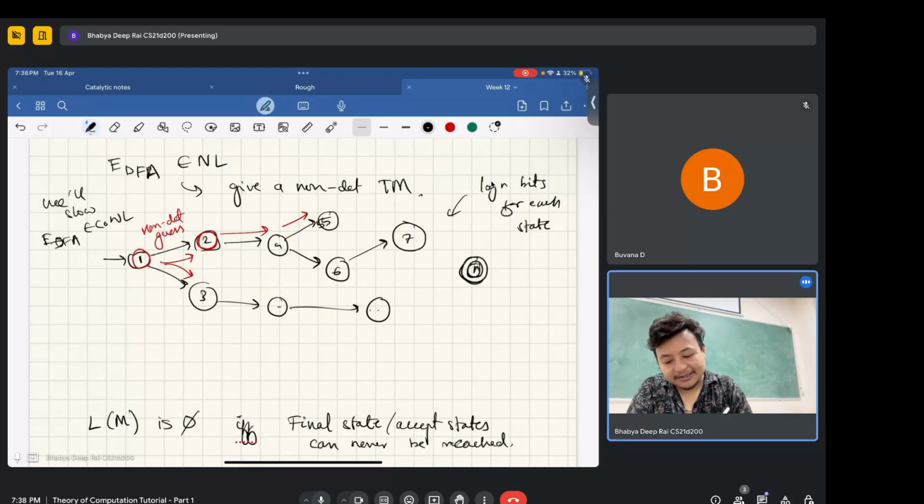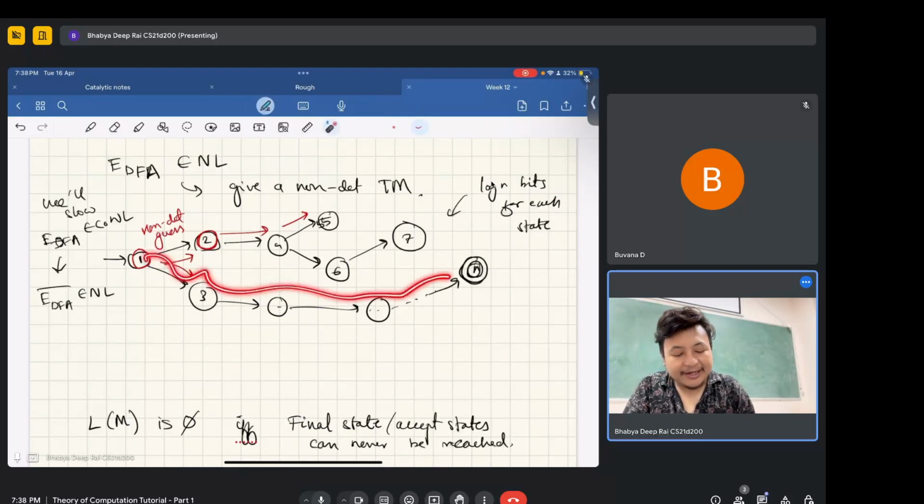That is, its complement, E_DFA complement, is in NL. What is E_DFA complement? It means non-empty. If it is non-empty, some path will reach the final state. So it will accept only if some path reaches a final state. So this is the idea.